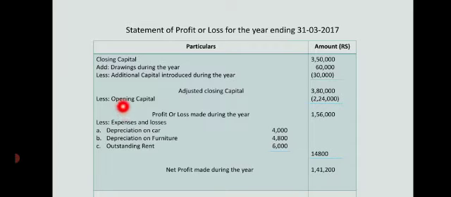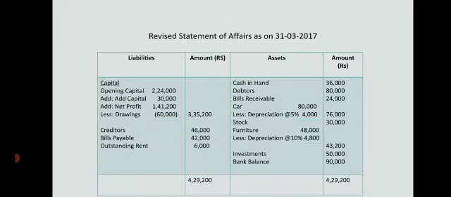From that we deducted opening capital 2,24,000. Net profit for the year is 1,56,000. Deduct certain expenses. Total expenses were 14,800 and your net profit is 1,41,200.